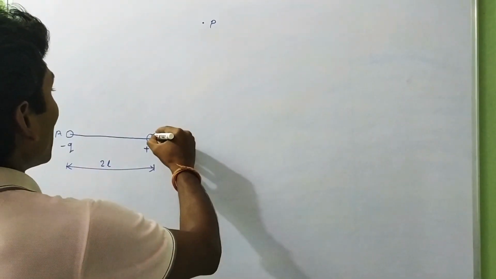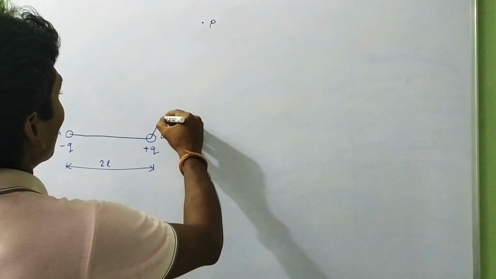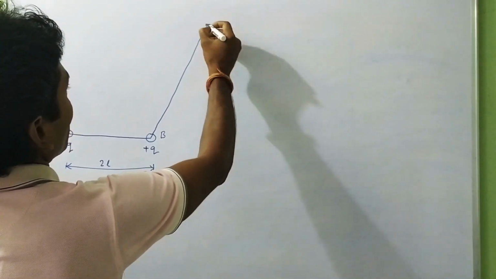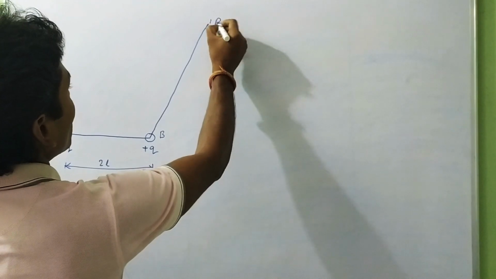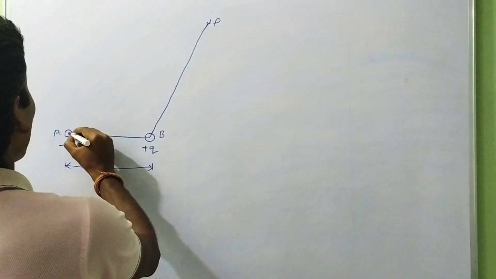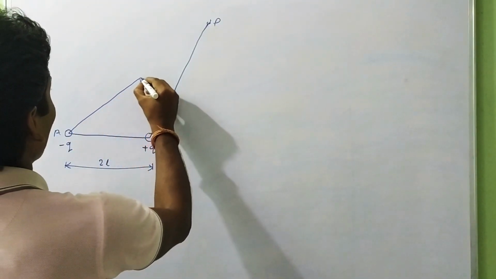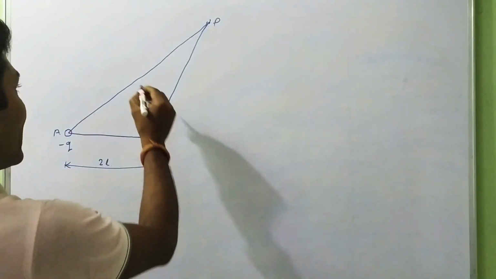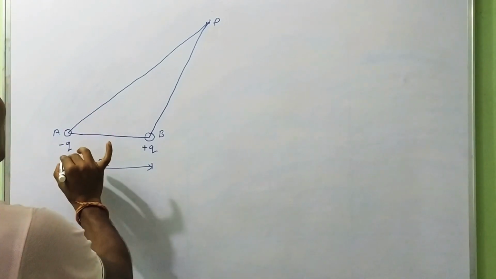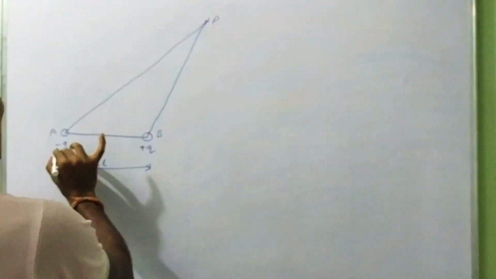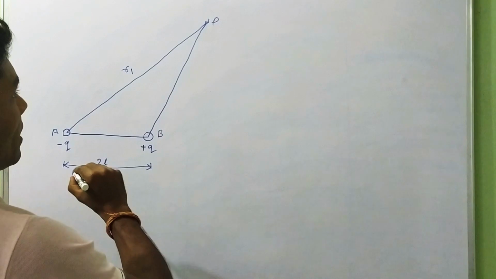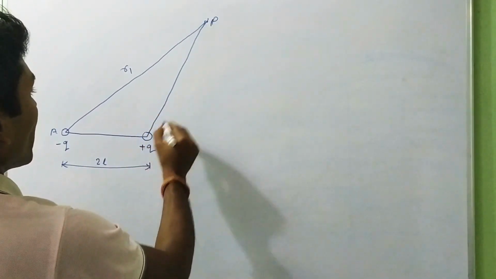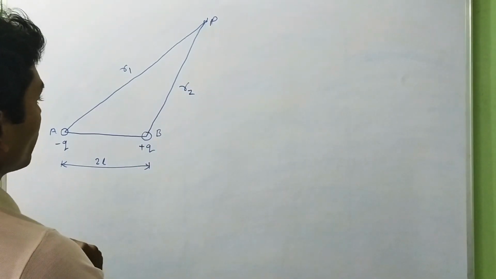So firstly we have to join the point P with point B, and also join the point P with point A. Let the distance of this point from the minus Q charge be R1, and the distance of this point from the plus Q charge be R2.